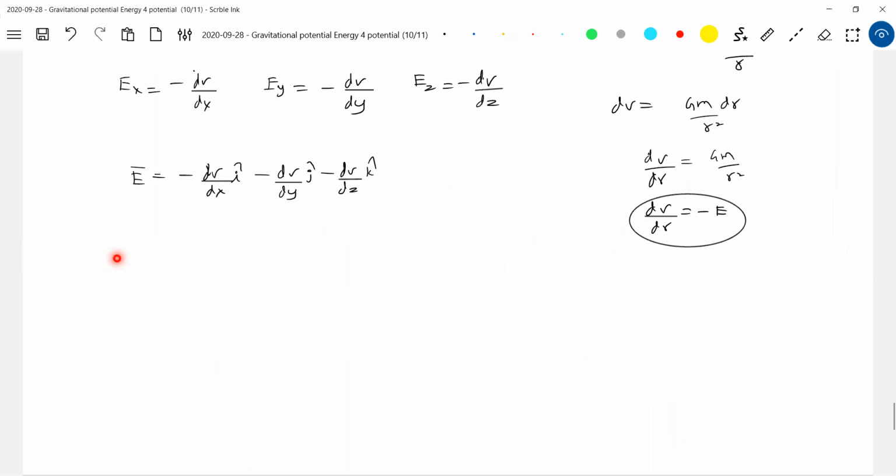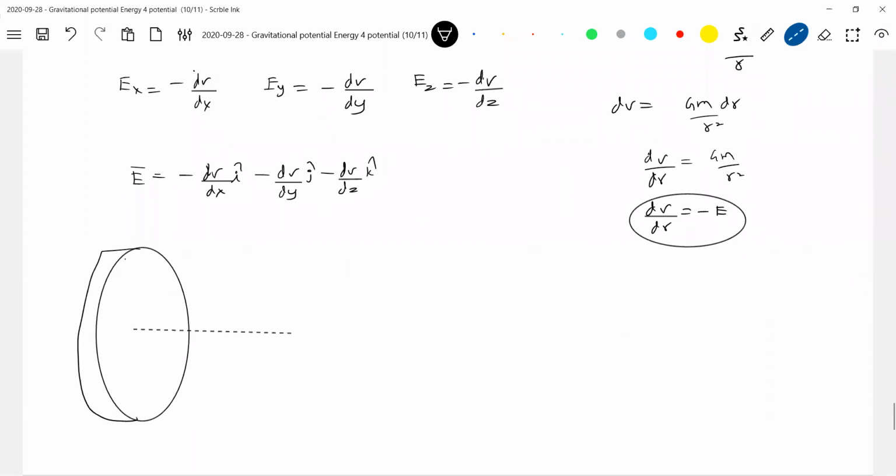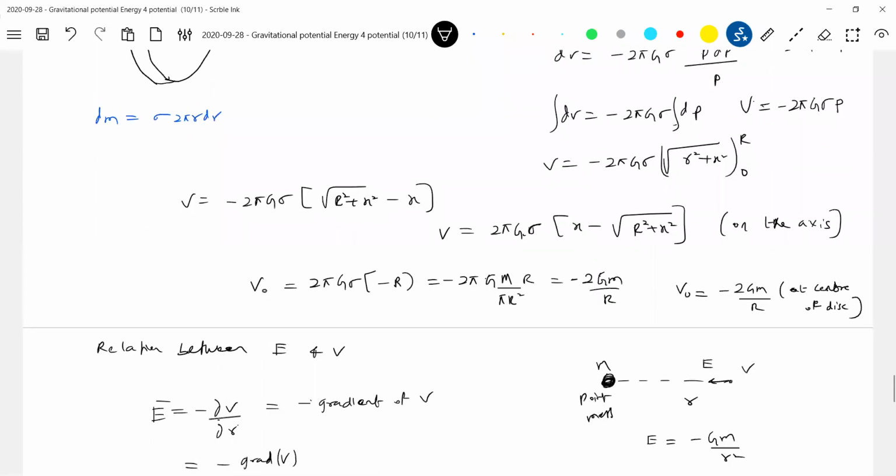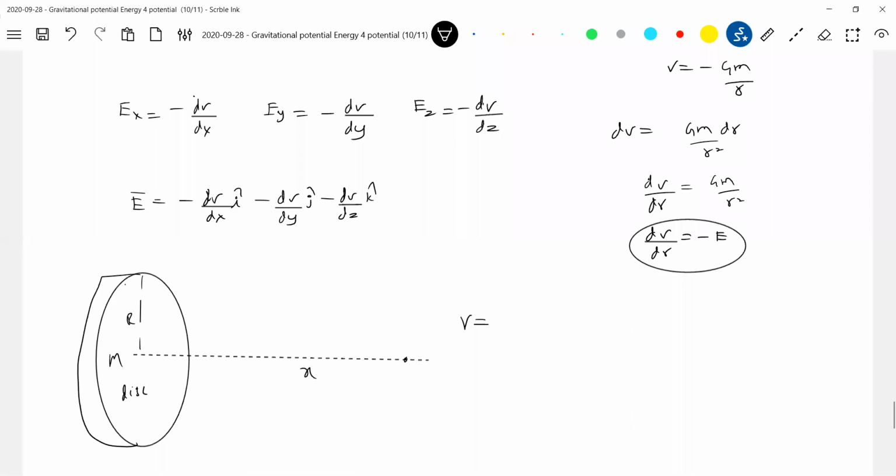Already we know the potential and field. Let me verify it. This is a disk of mass m and radius r. What is the potential at this point? 2 pi G sigma. Let me differentiate this with respect to x, not with respect to r, because on the axis you are finding the field strength here.